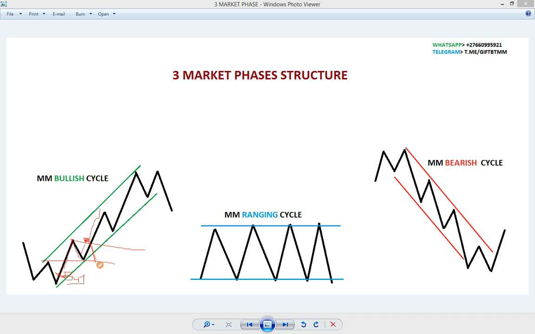So in this example, if this is H4, you should know that when the dealer holds the price here at this high and issues a pattern on H1 like this, let me do this.